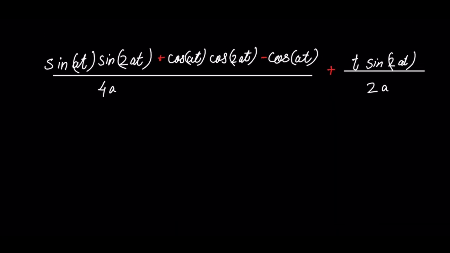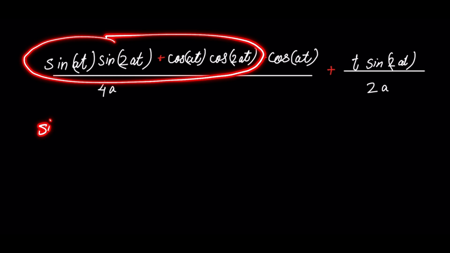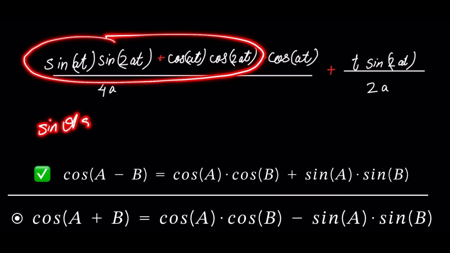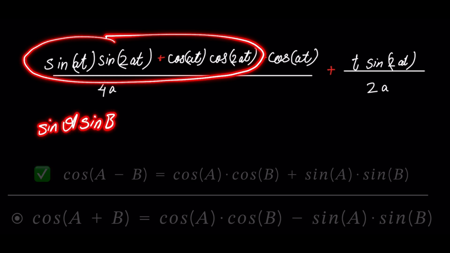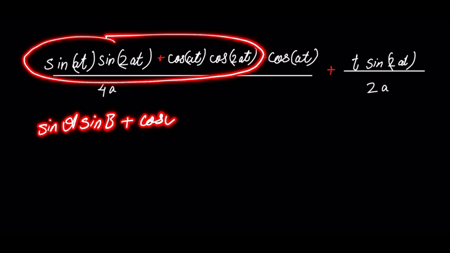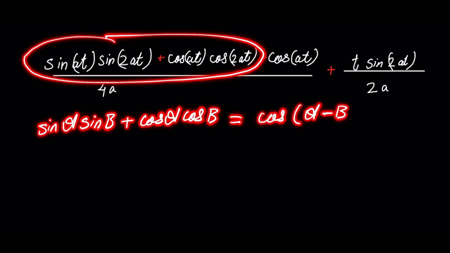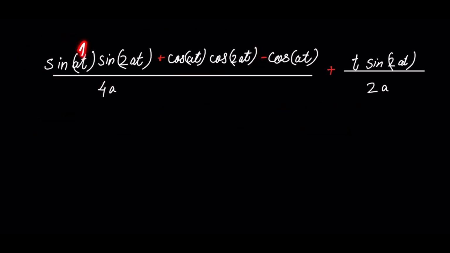If you observe the numerator closely, you can see that this matches the form sine A sine B plus cos A cos B, which is a trigonometric identity for cos of A minus B. A is equal to at and B is equal to 2at.